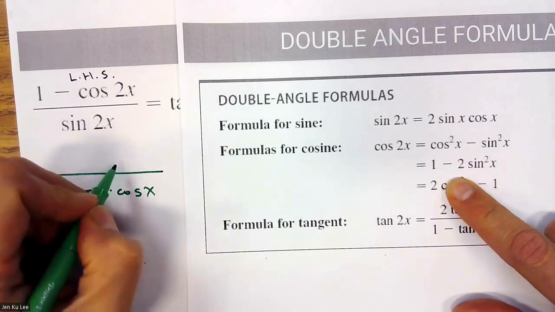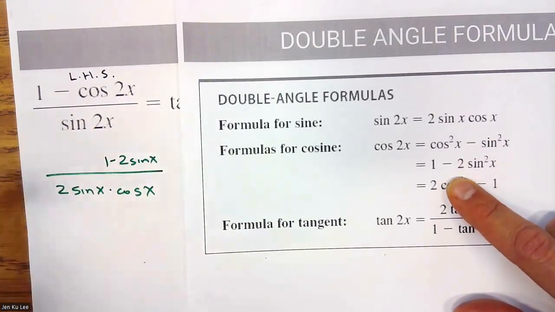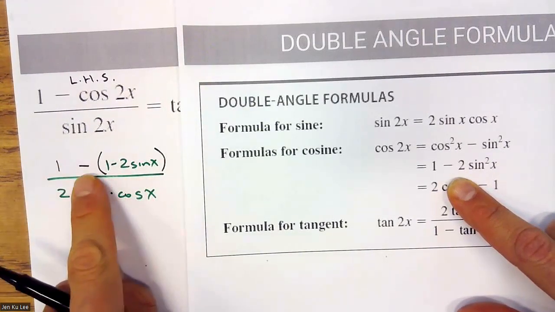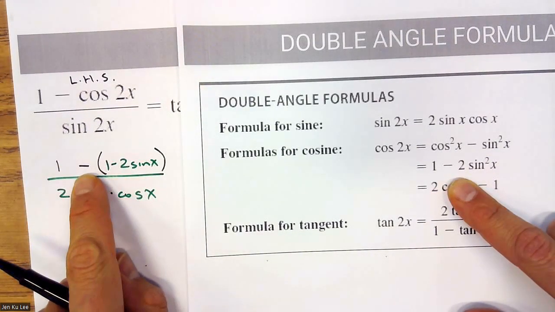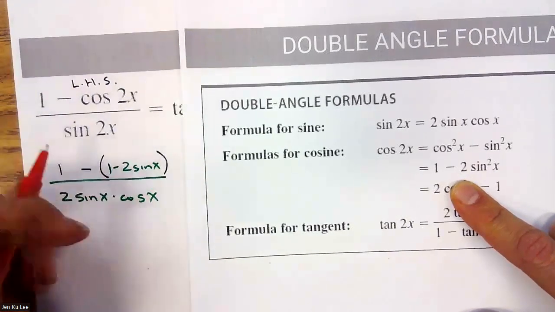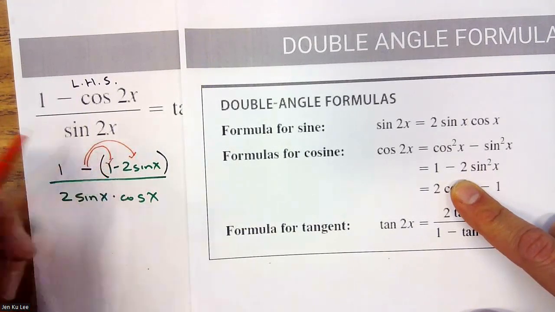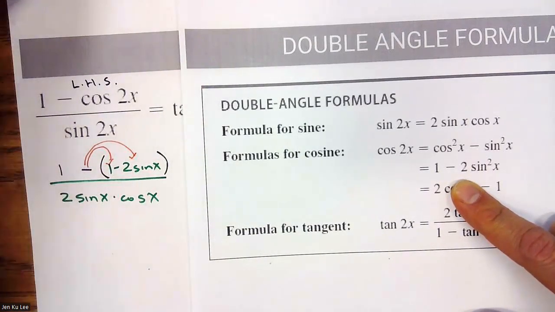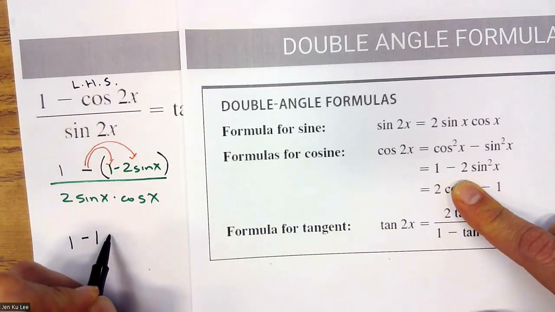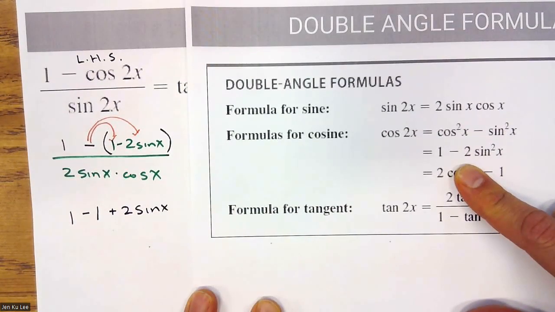So I'm going to plug that in. 1 minus 2 sine of x. So we have 1 minus, and you need these parentheses because it's a minus. Okay? Because eventually our next move is going to be distributing this negative, right? When I distribute that negative, it becomes 1 minus 1 plus 2 sine of x, right?